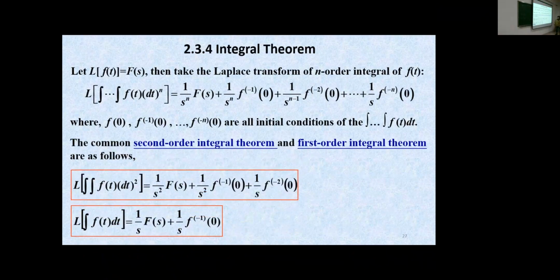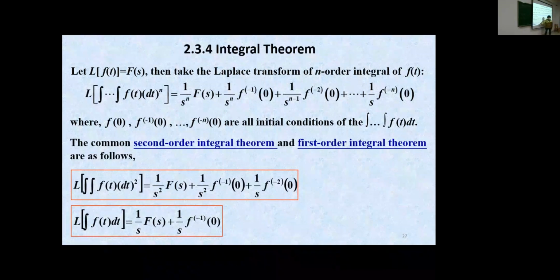So if the initial conditions are not given or are not zero, then the second order integral theorem and the first order integral theorem are as follows. The order is 2 here. So first we have 1 divided by s squared times F(s) plus 1 divided by s squared times the initial condition f to the minus 1 at 0 plus, right? And how about the first order?